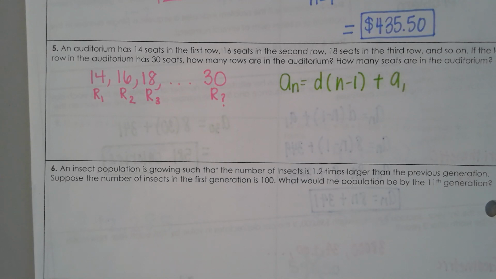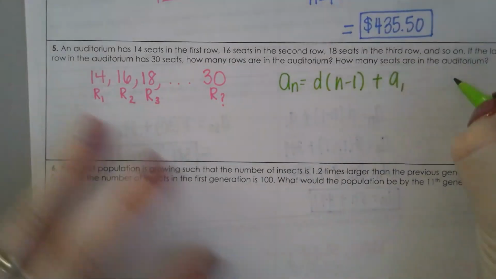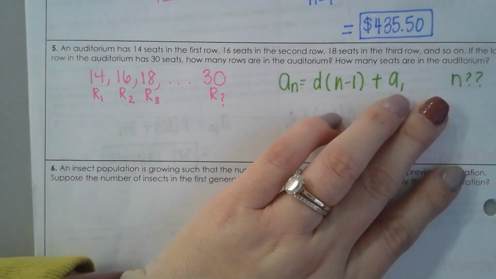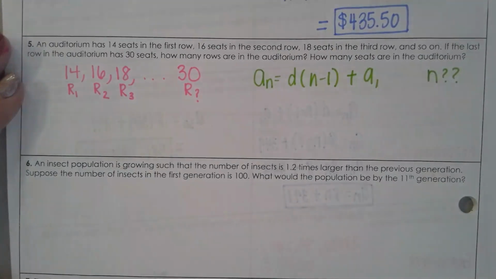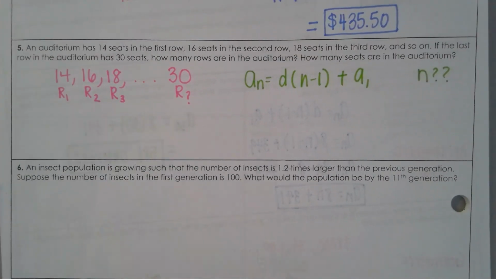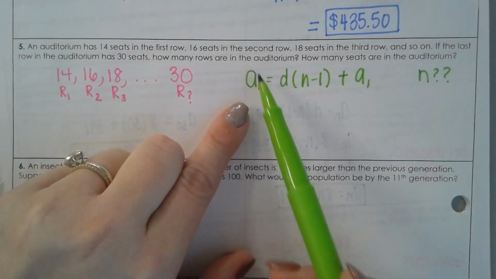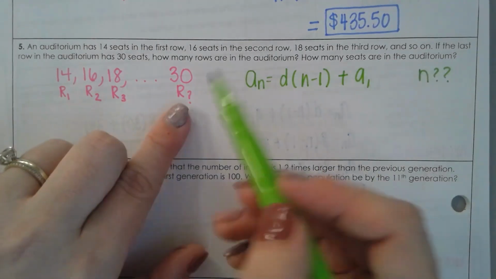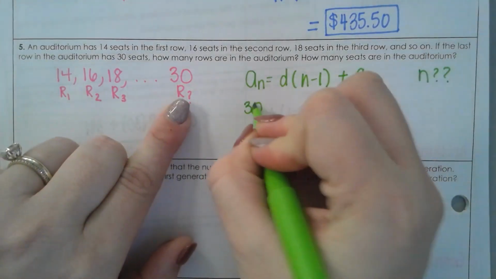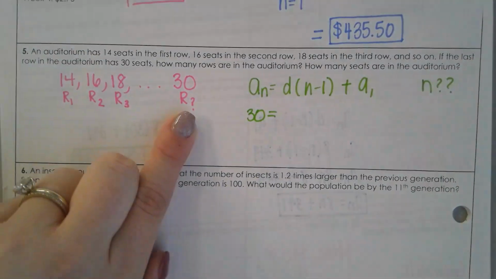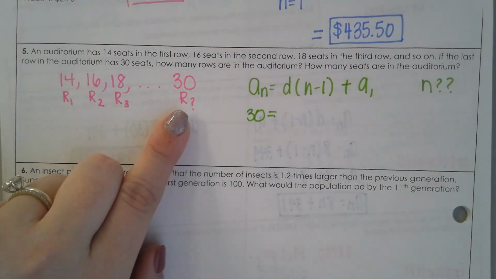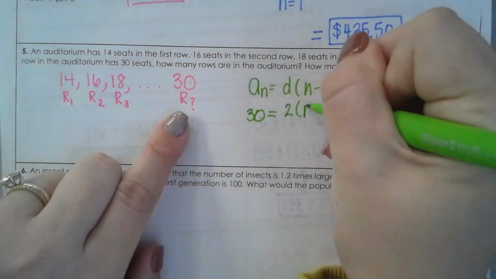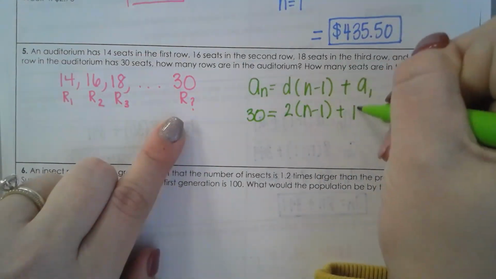It's n. We're trying to find, see, if each row is its term, we want to know which term number gives us 30. So that's n. So we are trying to find n. Now an, that's going to be 30 because we know that my last term is 30. Do we know a common difference? 2. I don't know n, and I know my first term is 14.